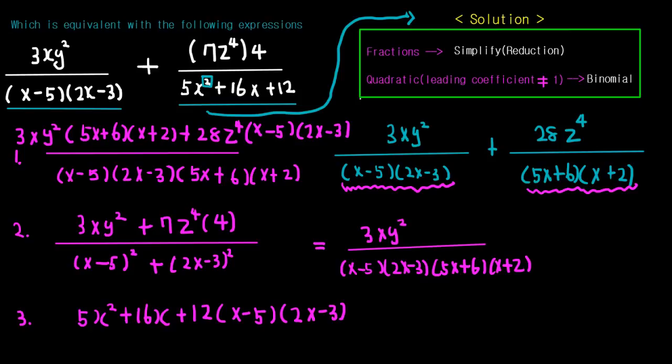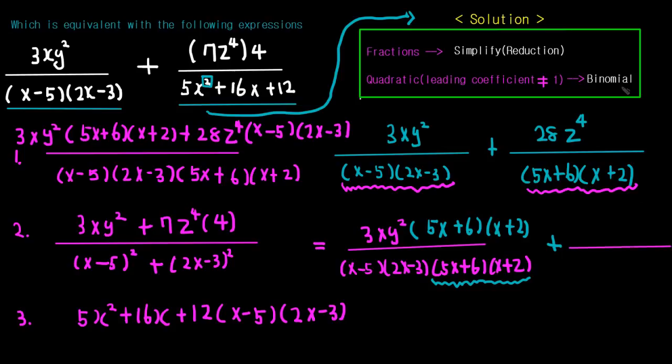But in the denominator, we multiply that 5x plus 6 times x plus 2, which means we also need to multiply the same thing into the numerator so we can keep an equal fraction. So also for the next one, it is going to be 28z to the fourth power. Before that, we can simplify the denominator into the same terms.